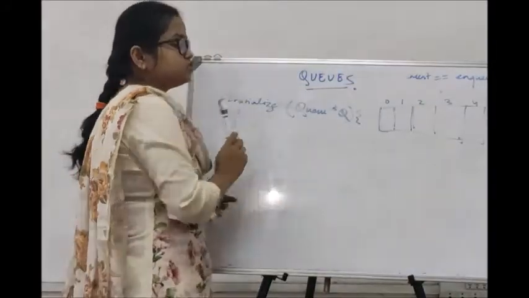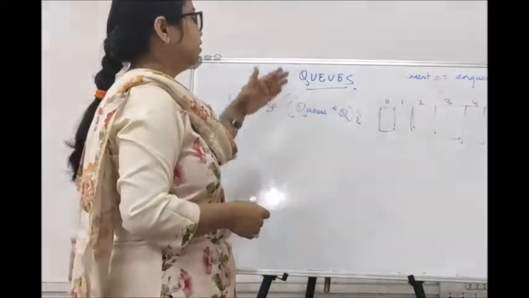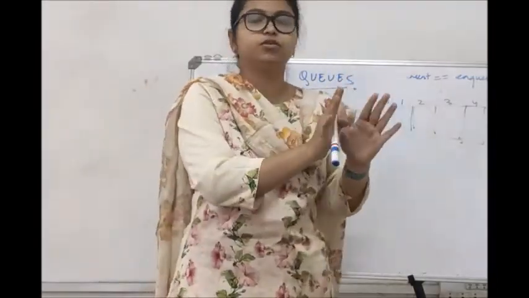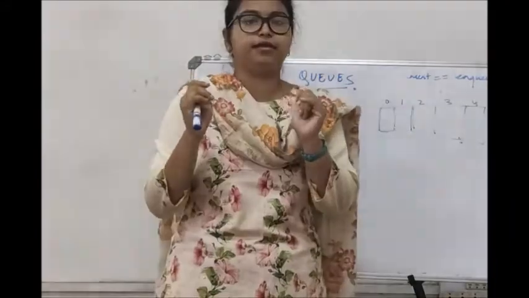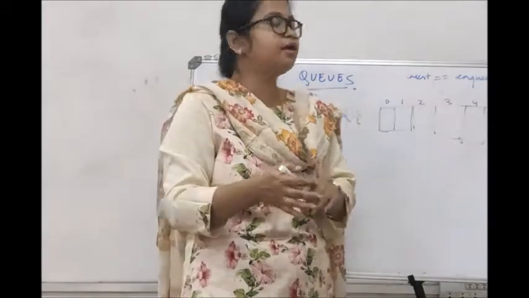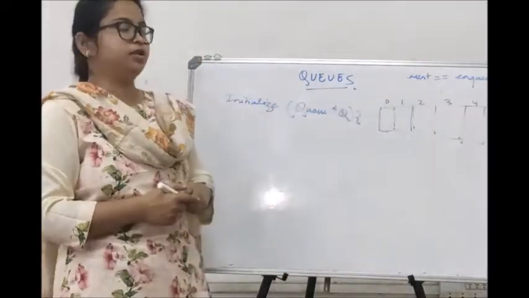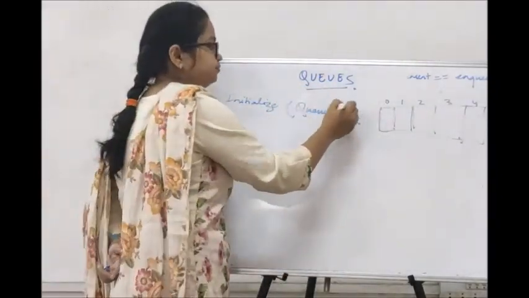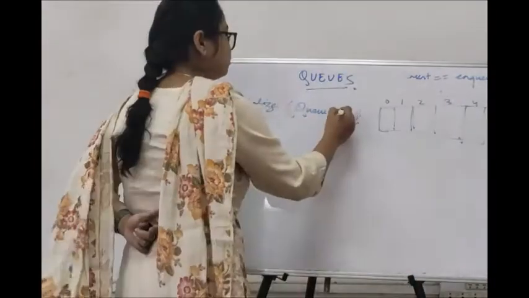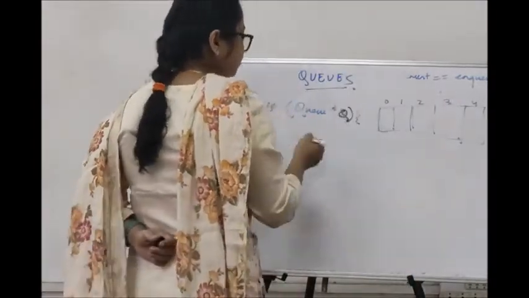Just defining the struct Q is not enough. By that we will know that Q has rear, front and an element. But actually giving space to it is done by referring to it with a variable. So this is the variable Q. Now, with this Q, what we have to do?